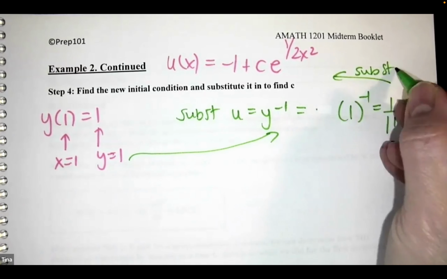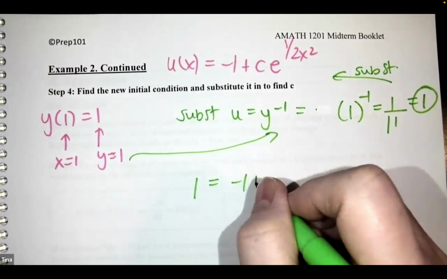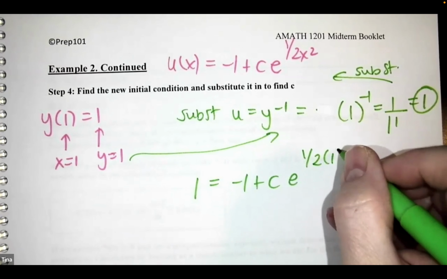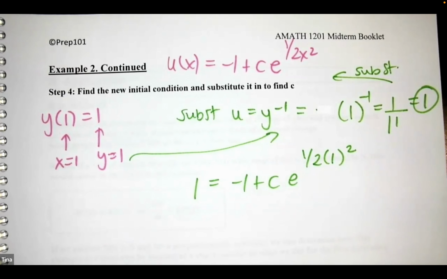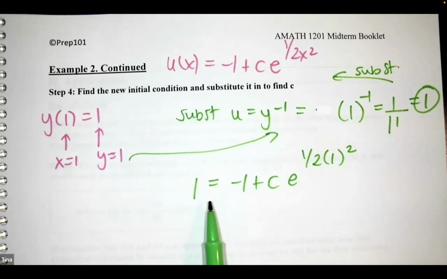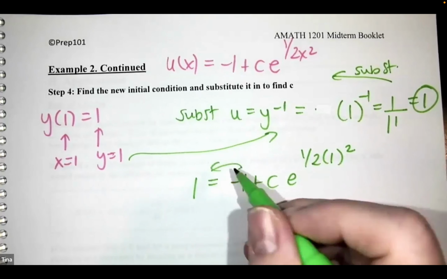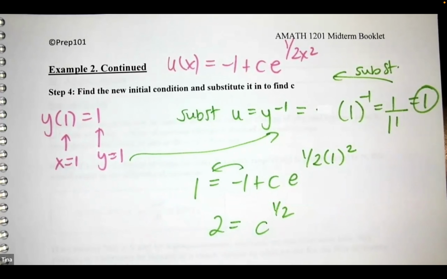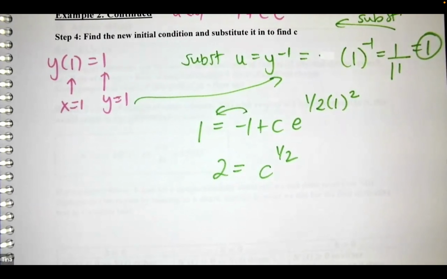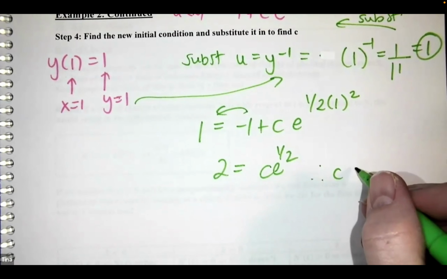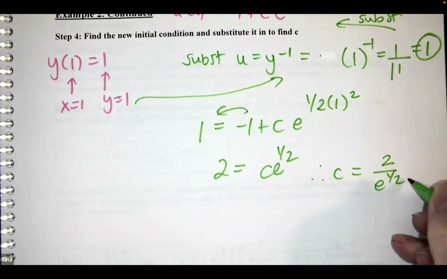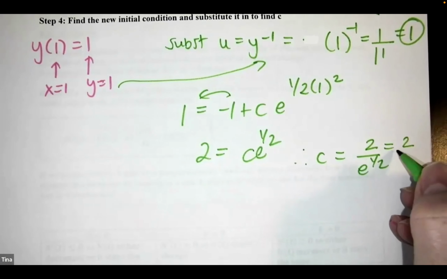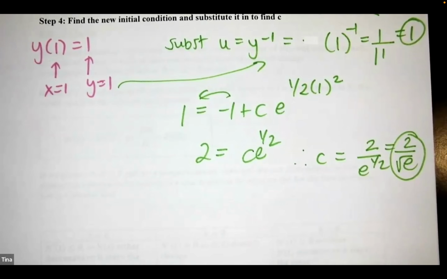So if I sub that in, I can find c. The x's are 1. So move that across, 1 plus 1, so that's 2 equals c e to the 1/2, pardon me. So c is kind of weird, 2 over e to the 1/2. I guess you could call that root e on the bottom. So c is 2 over square root e.